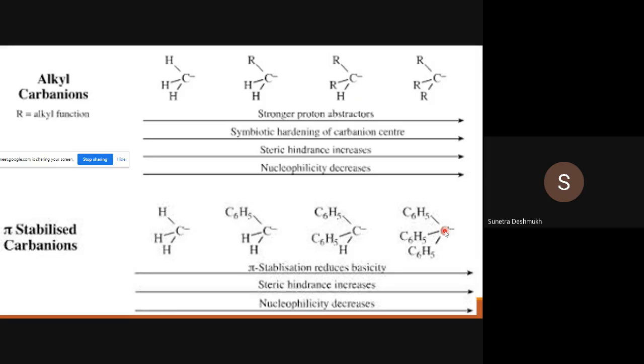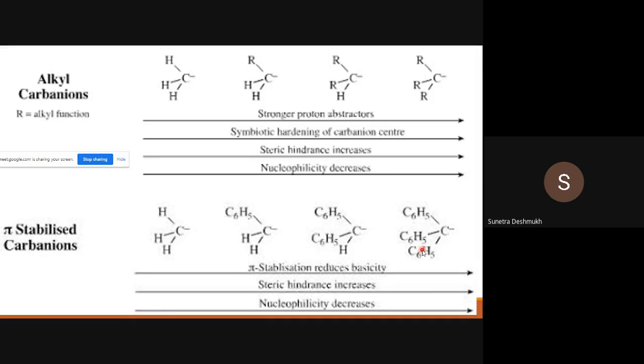Finally, if we replace all three hydrogens and add all three phenyl rings, then due to these phenyl rings, which impart a minus I effect, they are electron withdrawing groups, and electron withdrawing groups give stability to the carbanion.